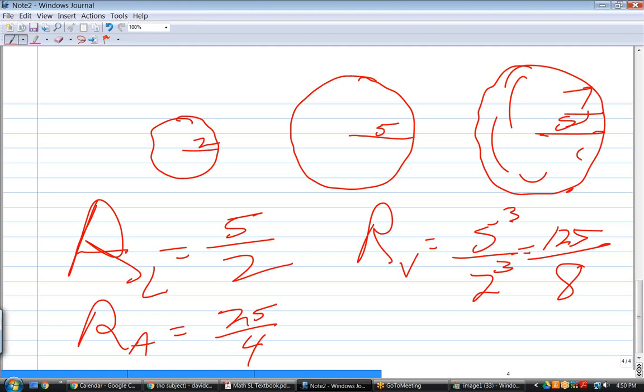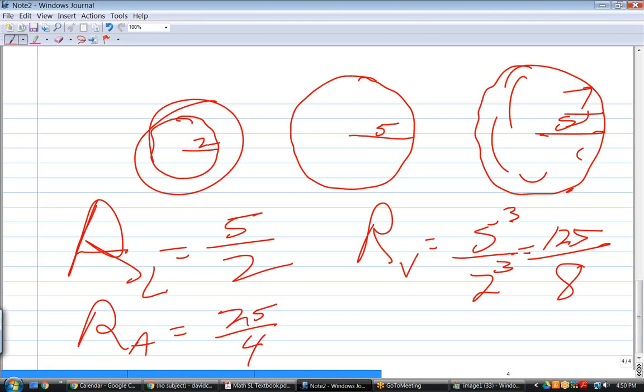It's why giants are impossible. In other words, there is a maximum size creature that can live on this planet. And it's entirely based on this reasoning. If I take a creature who has a radius of 2 inches, and I keep increasing its size, even though I may only double its size, I triple its volume.